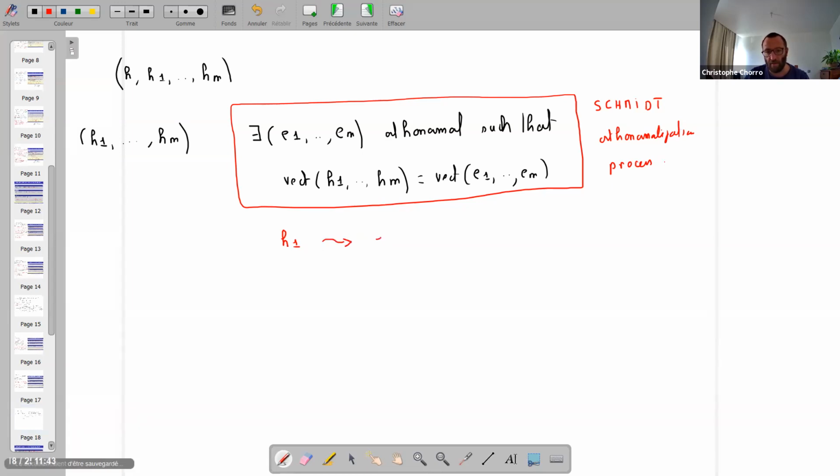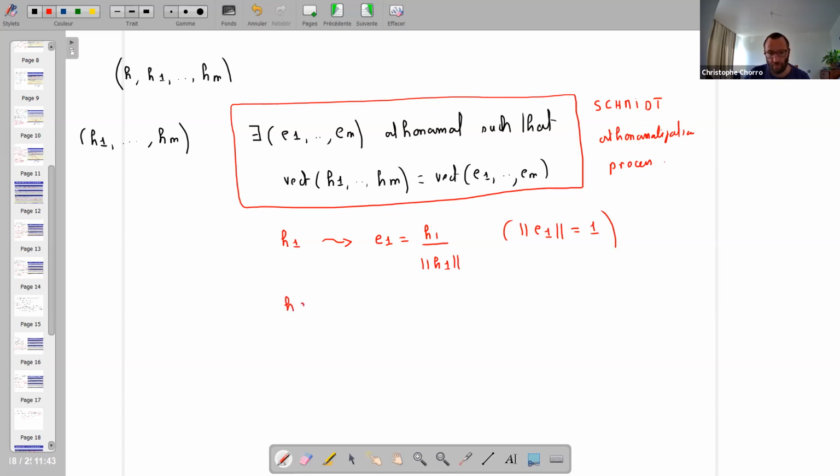So I transform it into E1, that is H1 divided by its norm. In this way, the norm of E1 is equal to 1 by construction.